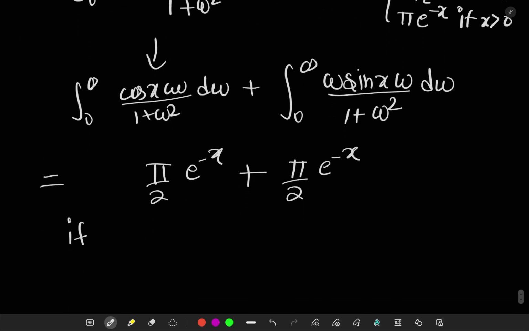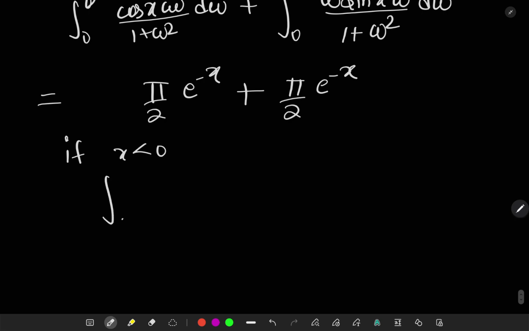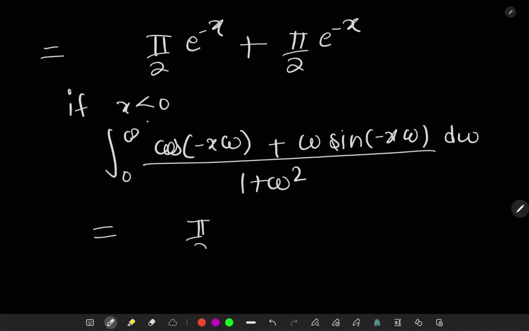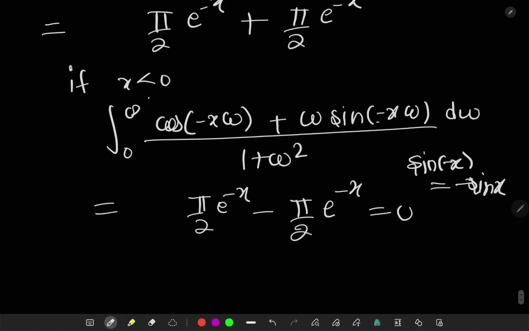So for x less than 0, the value of x is negative, so we can write this term, which equals, as we know the integral of this term becomes this, and here this is minus x, so we know that sine minus x equals minus sine x, so this term becomes minus pi by 2 e raised to power minus x and equals 0.